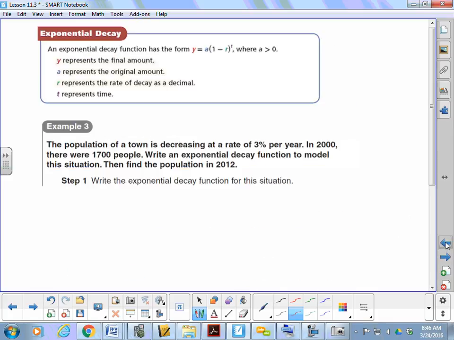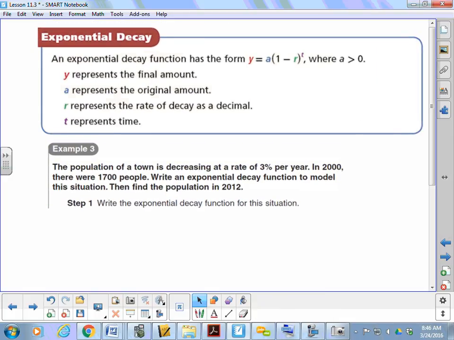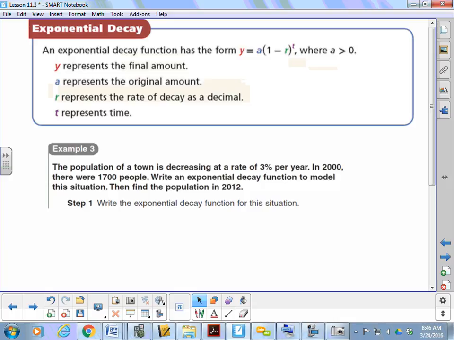All right, exponential decay. This is exactly like our exponential growth, except instead of a plus sign, we have a minus sign, because that number in the parentheses is going to be less than 1.